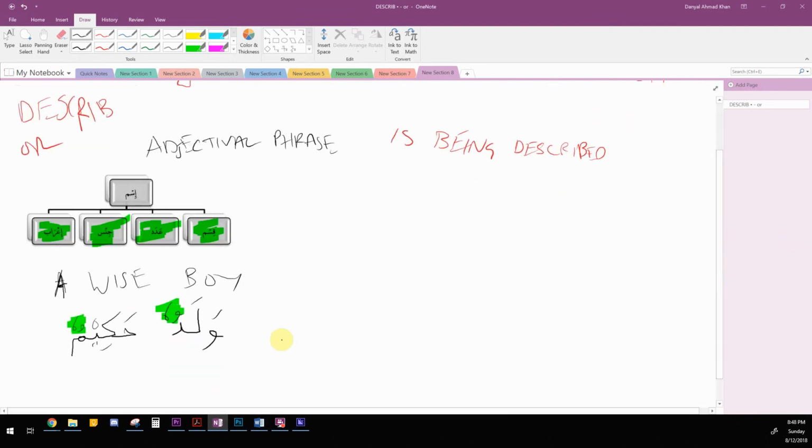If you go back to our simple nominal sentence, you will recall that the example we gave was al-waladu hakimun. And we said this is, the boy is wise. Now, these look really similar.